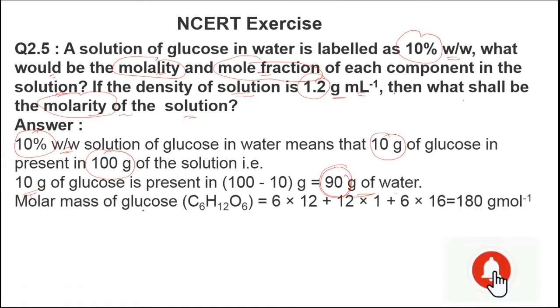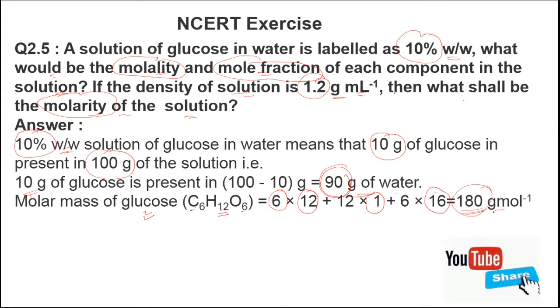Now we will calculate the molar mass of glucose, formula C6H12O6. 6 carbon, atomic mass of carbon is 12. 12 hydrogen, atomic mass of hydrogen is 1. 6 oxygen atoms, the atomic mass of oxygen is 16. When we calculate it, the value comes to be 180 gram per mole.